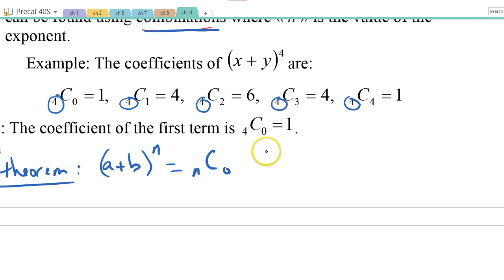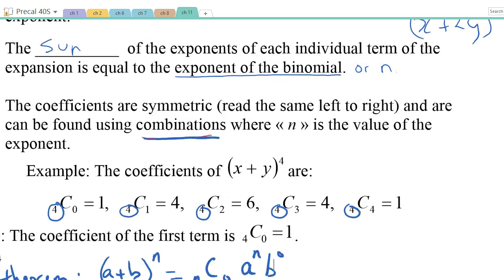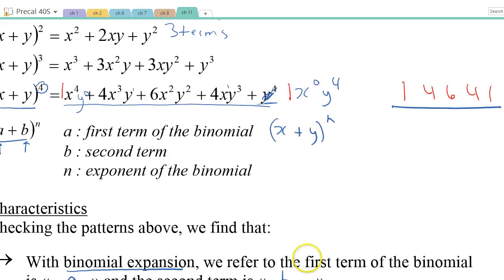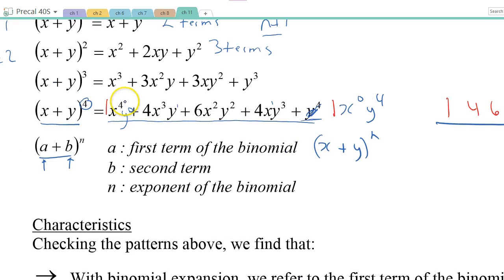And then we're going to have a to the power of n and b to the power of 0. So that's like this first term here. That is, in this case, 4 things taken 0 at a time, and then x to the power of 4, y to the power of 0.